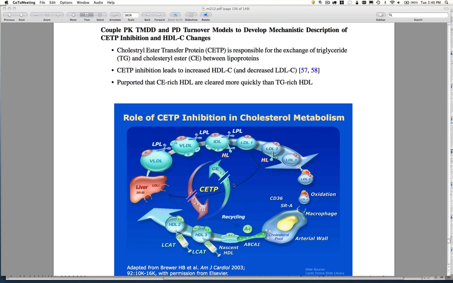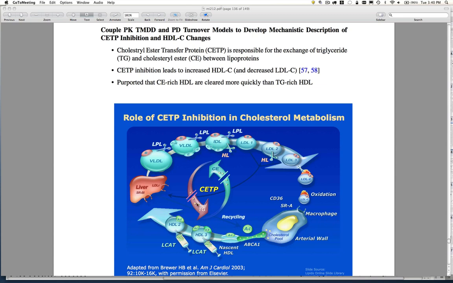So part of the theory as to why inhibiting CETP works to do this is that as you increase the amount of cholesterol that's going into these HDL particles, the clearance of, for example, this HDL2 is occurring more rapidly than clearance or removal of these HDL3s.